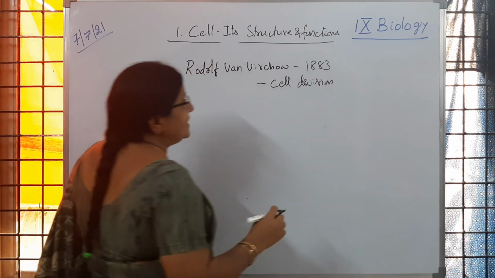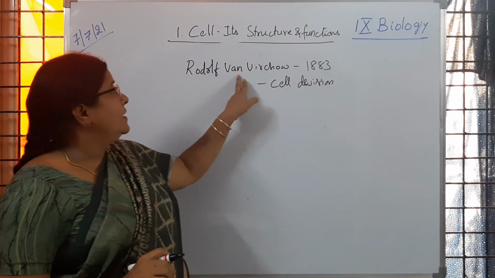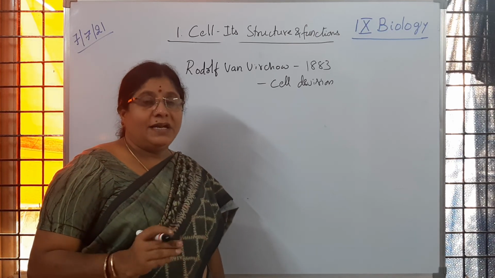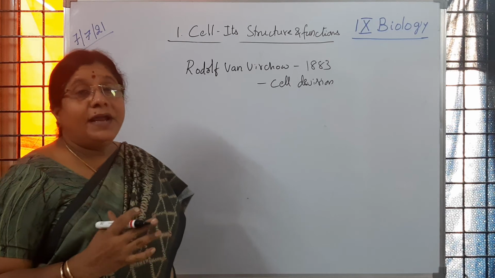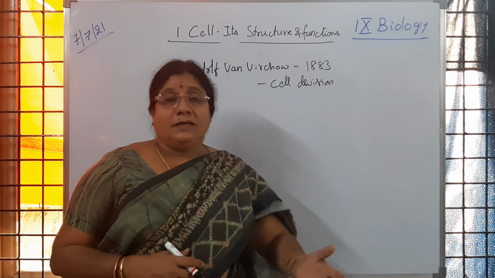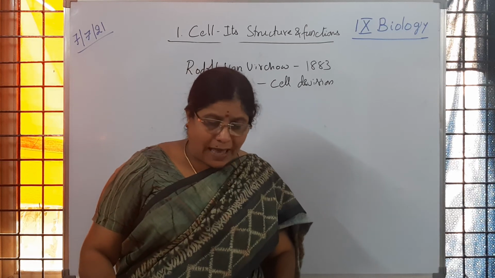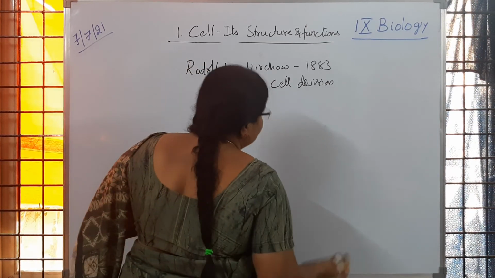So the process of cell division was studied by Rudolf van Virchow, whereas Schleiden and Schwann failed to tell how cell division is going to happen. 1855, children, sorry.